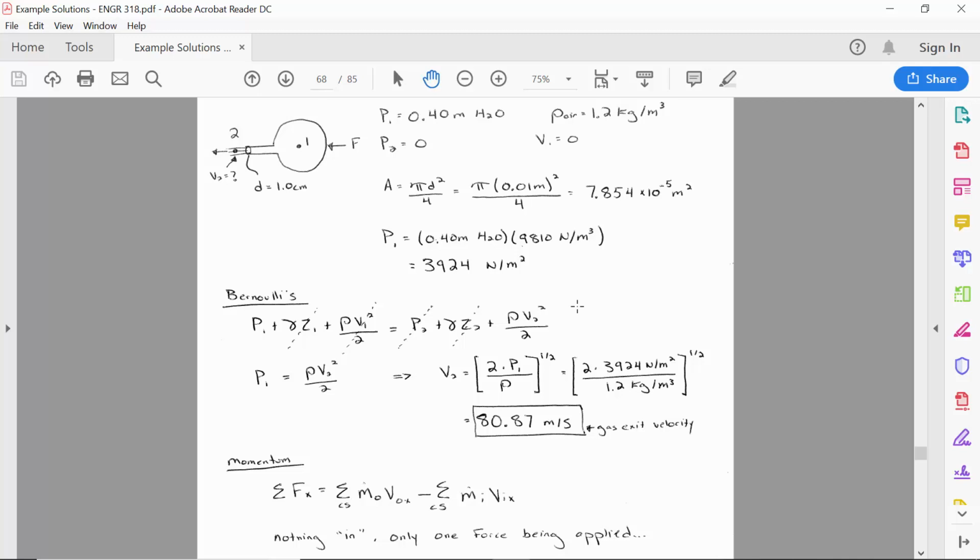And now for the velocity, we see that the jet is to the left, and so that's minus, and the magnitude of the velocity is 80.87. So I'm going to put in here minus 80.87 meters per second.